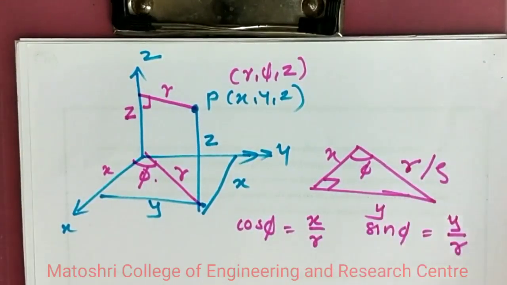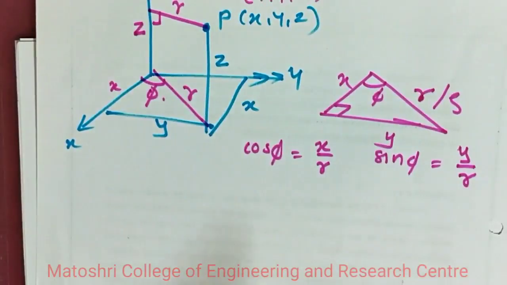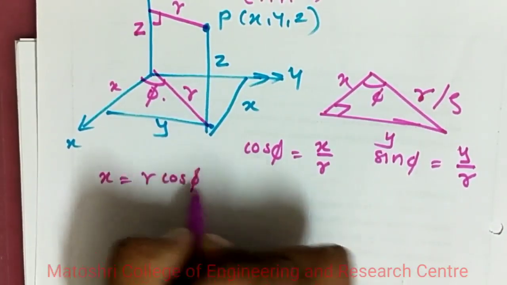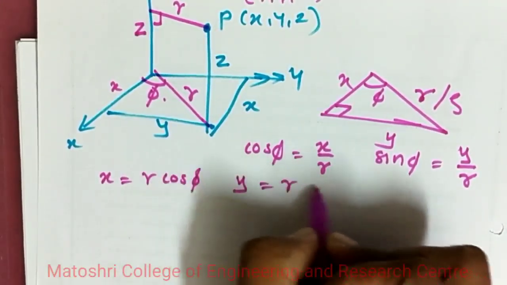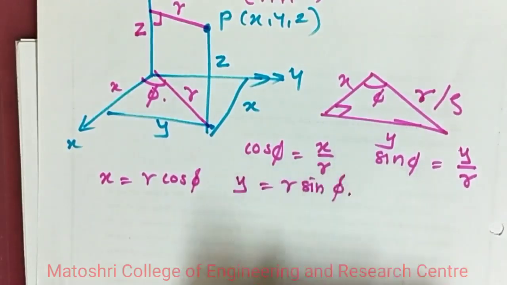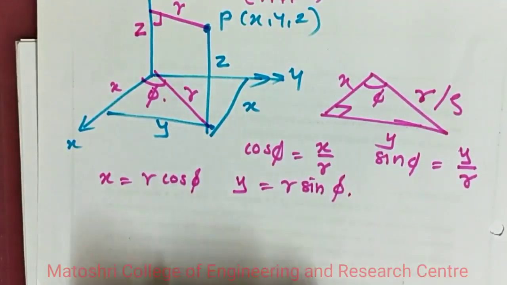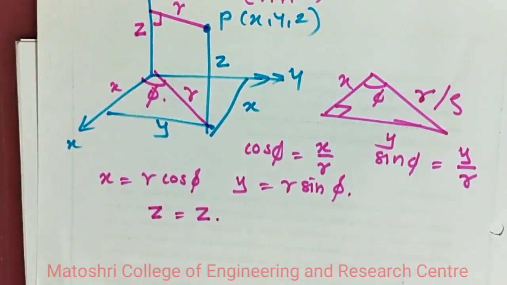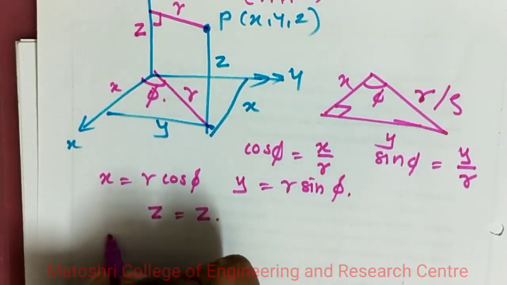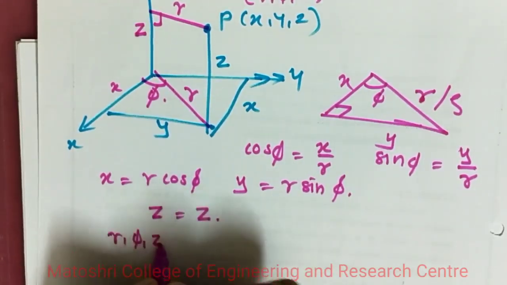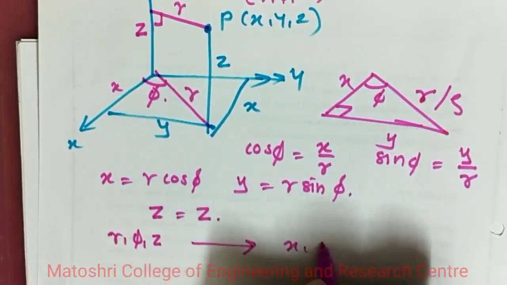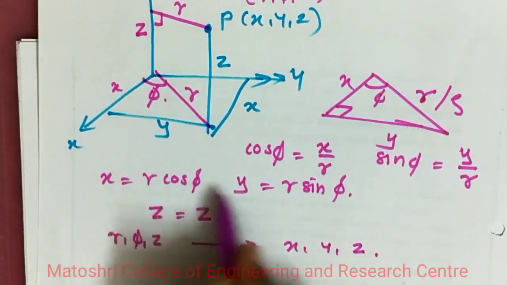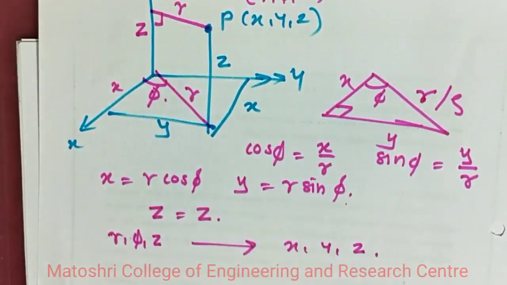Using these trigonometric relations, x is r cos phi and y is r sin phi. Now x and y are known. What about z? The z coordinate is the same as the z coordinate used in the Cartesian coordinate system. So if the point has the coordinates r, phi and z, we can find x, y and z in the Cartesian system: x is r cos phi, y is r sin phi, and z is the same as the initial one.